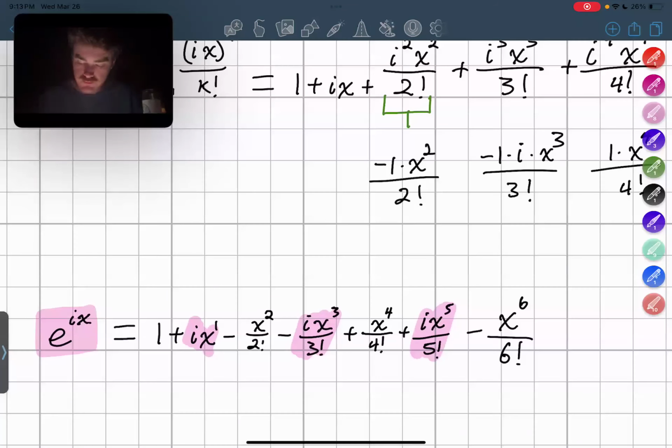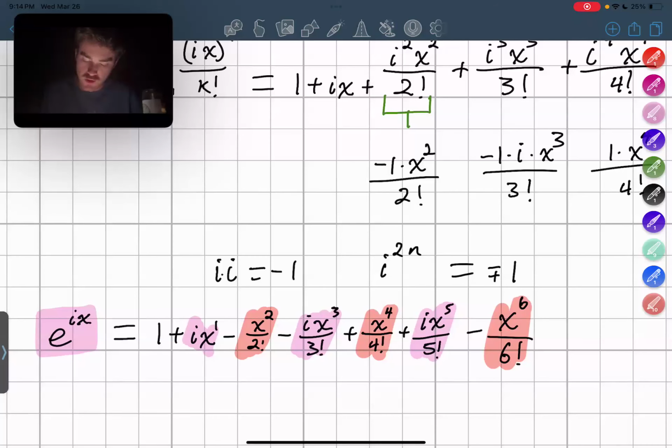And all of the even powered terms, which is going to be, 1 is not really even, but it's a special case, we have x squared, x to the 4th, and x to the 6th. Because they're even terms, their i's cancel out. It makes sense: if 2 i's equals -1, then any even power of i, like i to the 2n, is always going to be either negative or +1.